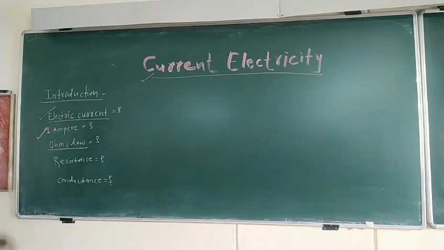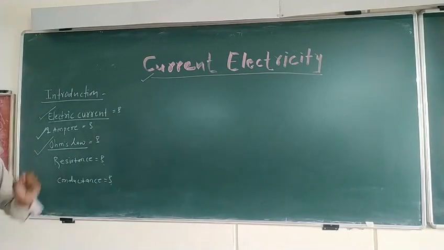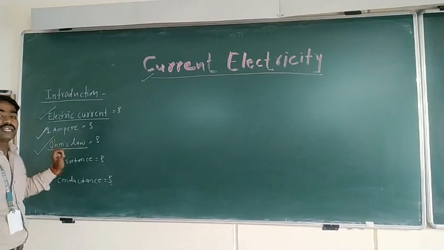Now we move towards the next definition called Ohm's law. Ohm is a scientist who explained the very easy relationship between potential difference and current.